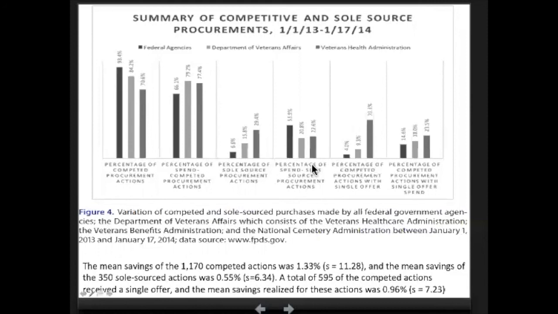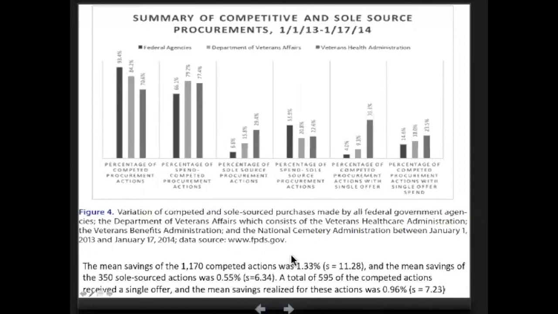Then the article also highlights the way these contracts are structured across different federal agencies. Mainly it is comparing federal agencies, Department of Veteran Affairs and Veterans Health Administration. And they have shown that the percentage of sole source procurement actions at the Veterans Health Administration is higher than the other two.